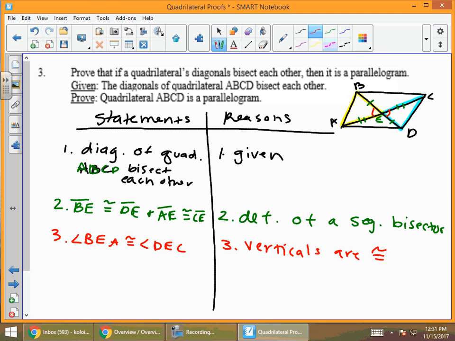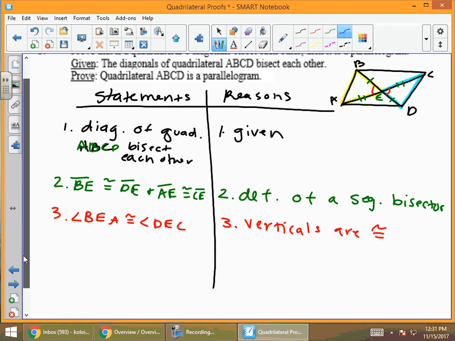What reason allows us to say that? So we're going to say that triangle BEA is congruent to triangle DEC by side angle side.